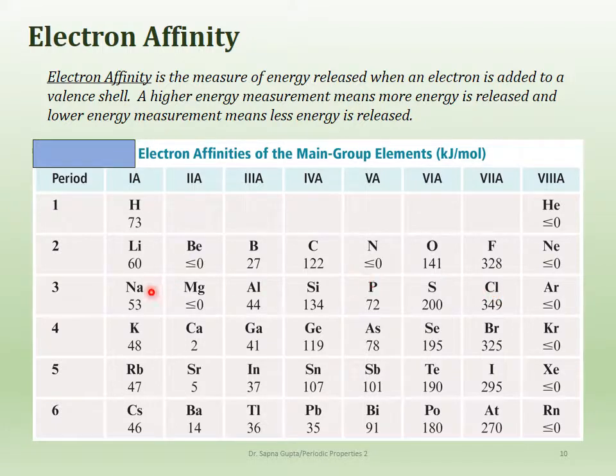The higher the energy released, the better the electron affinity. As you go down a group, the electron affinity decreases, and you can see that for everything, which means that it is harder to add an electron as you go down. It is easier to add an electron as you go across. That is the trend for electron affinity.